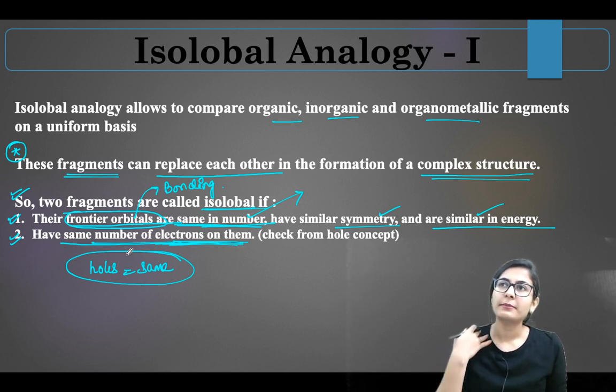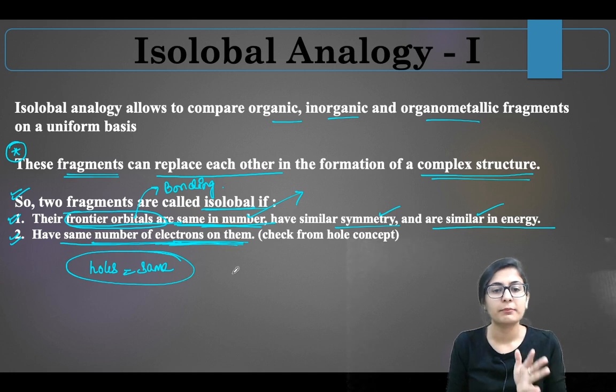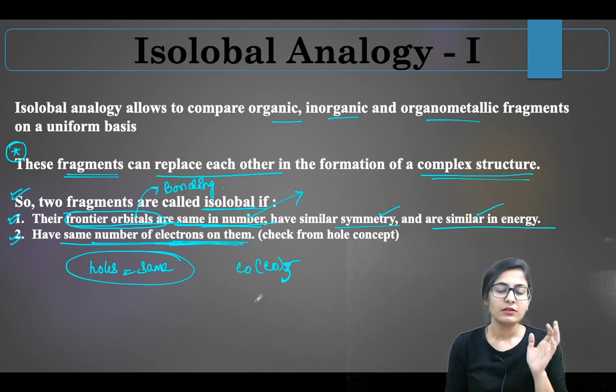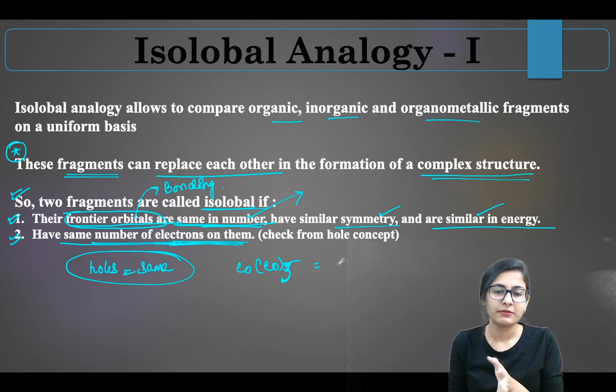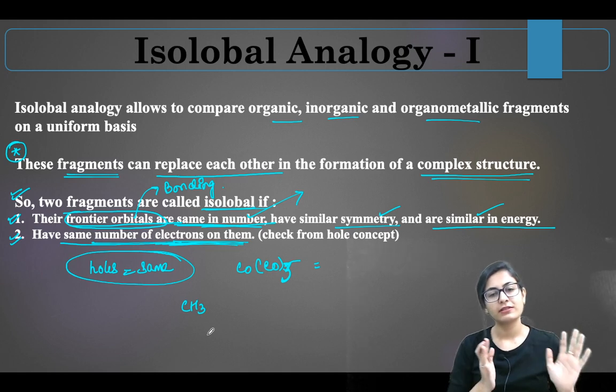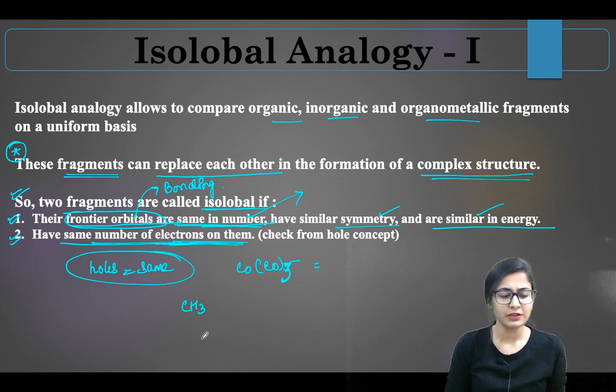For example, if I am talking about a metal fragment, let's say cobalt tricarbonyl, with only three carbonyl ligands, this is going to have some definite number of electrons. If I'm comparing with the organic fragment, for example CH3, it is going to have some different number.